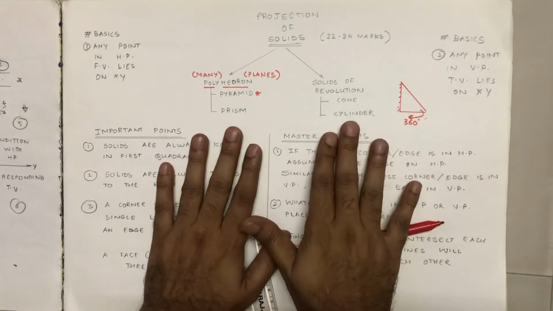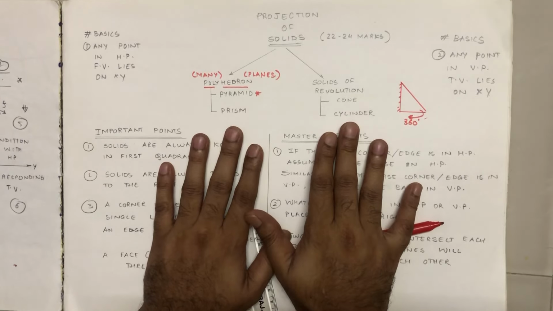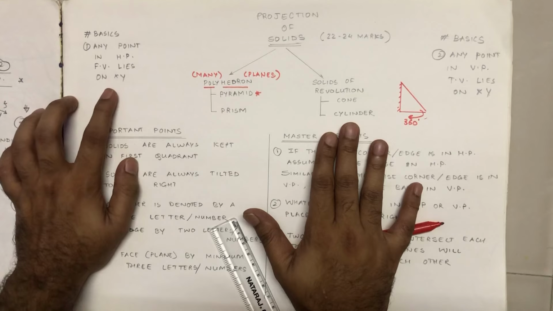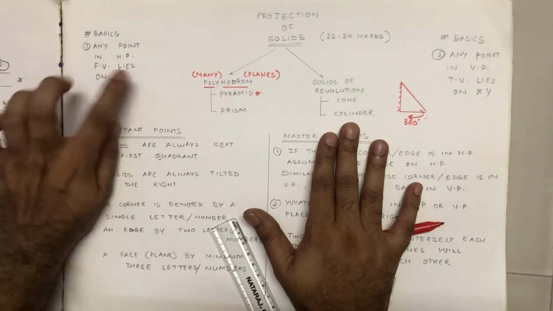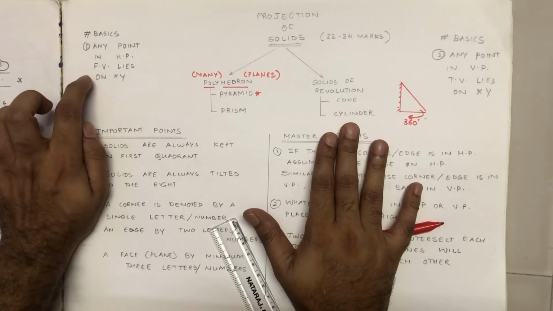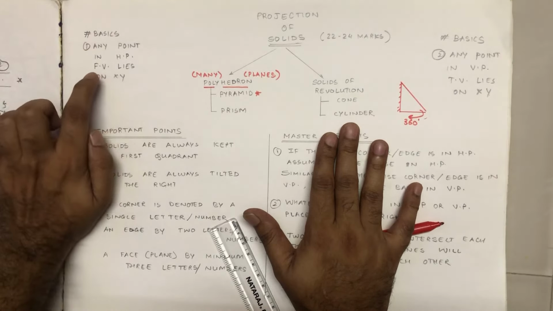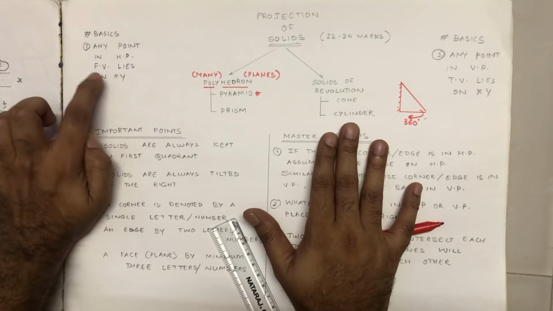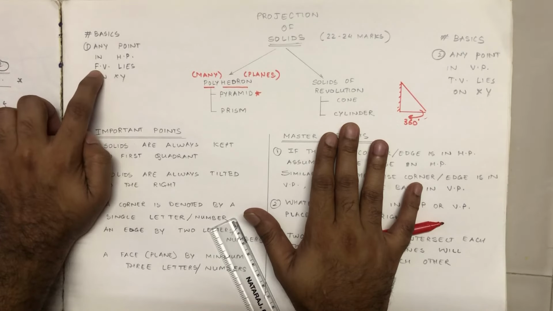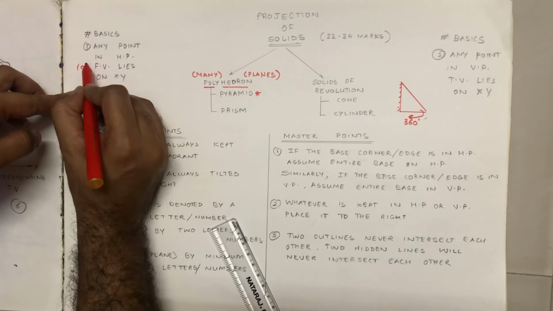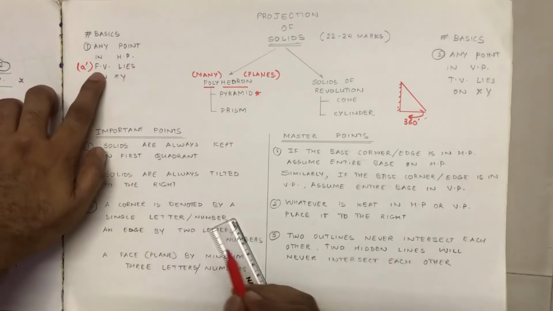Now, before we go ahead, I would quickly want to revise some basics that we did in the chapter of projection of points. Remember this? Any point in the HP, the front view lies on the XY. A front view is denoted by a small letter and a dash.